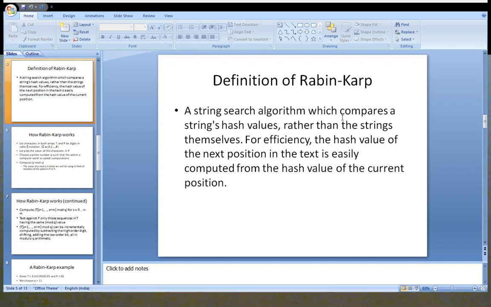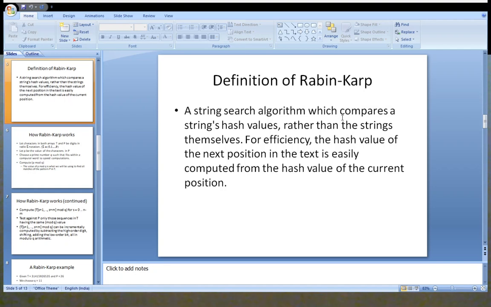It is quite possible that two different sequences have the same hash value, but it is not possible that two identical sequences have different hashes. So if the hash value of the pattern and the hash value of the text are different, then it is obvious that these two sequences are different from each other.